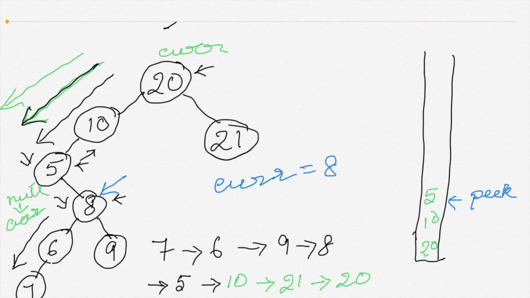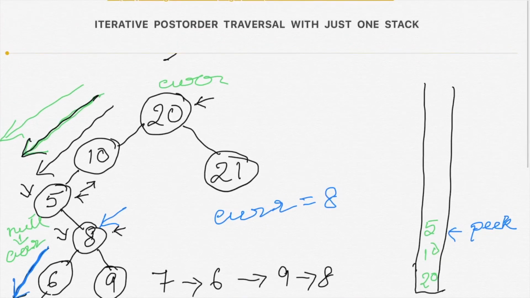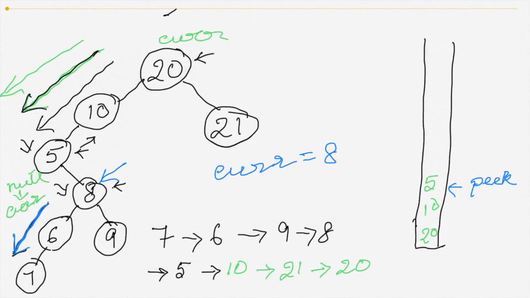And from there, again, if it has a left child, we will go all the way down, putting all the nodes in the stack until we see that the left child of a node is null. So we put 8, we go to its left, see that it is not null.